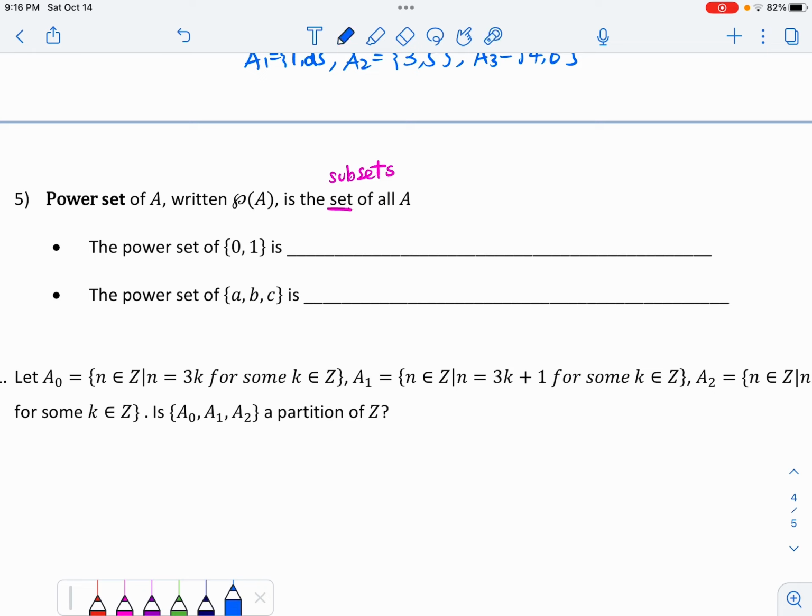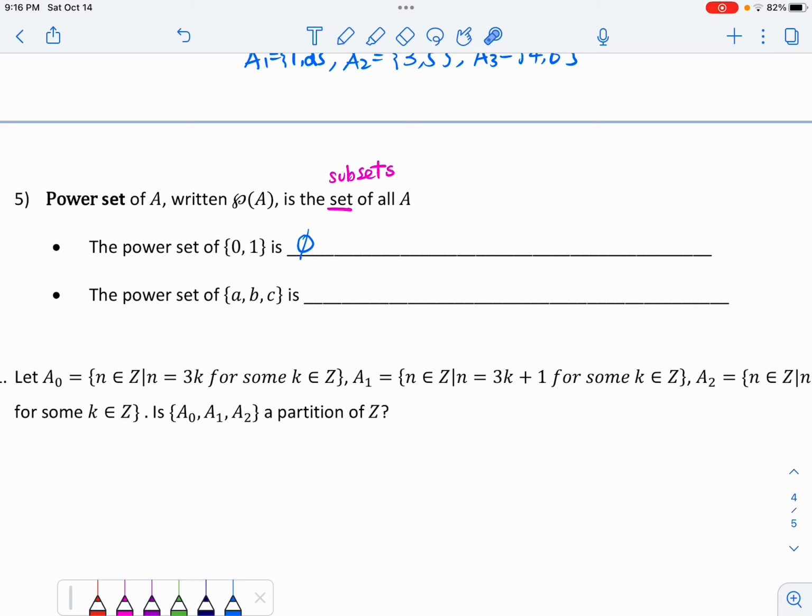Sorry about the typo. Now, for instance, let's find the power set of this set. First of all, we need to find all subsets of it. The first one will be the empty set, because the empty set is a subset of any set, okay?